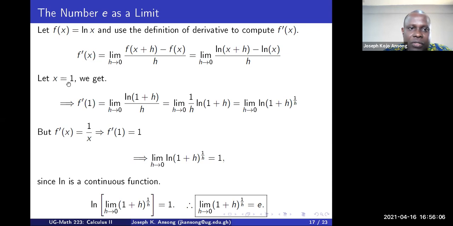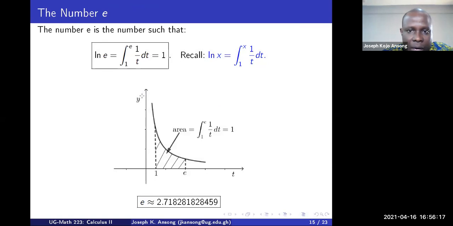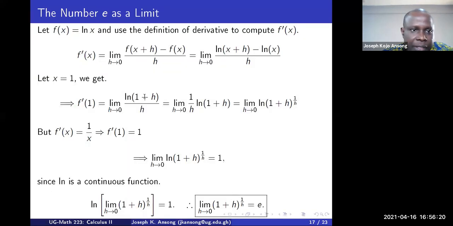If I plug in x equals 1, if I put 1 here, you're going to have ln of 1 minus ln of 1 plus h, I should say. Remember, ln of 1 is 0, so this will go to 0. So I'm going to have f prime at 1 will be equal to this guy, because ln of 1 is 0. So you have this.